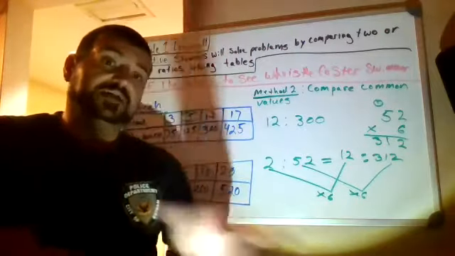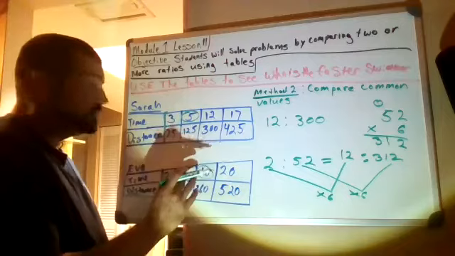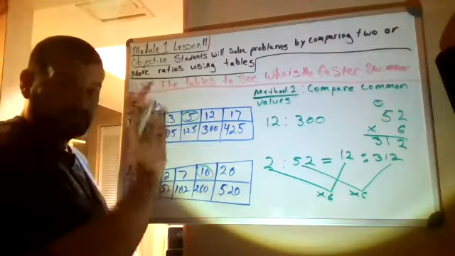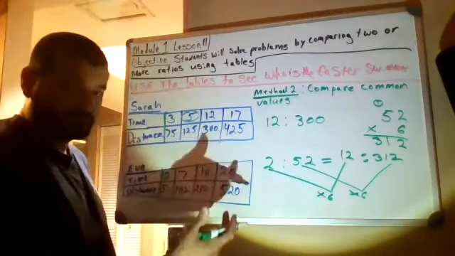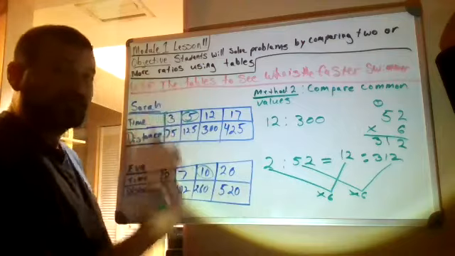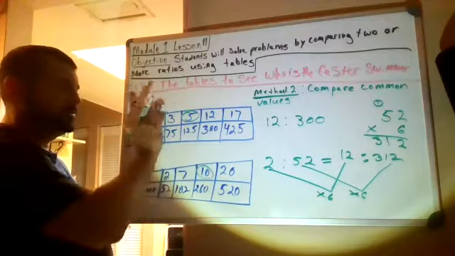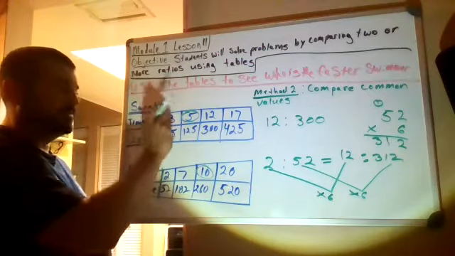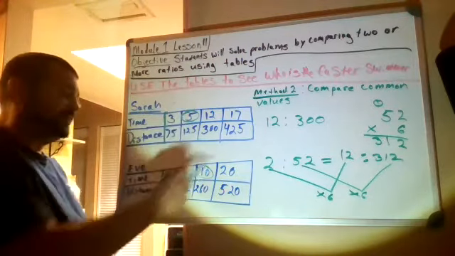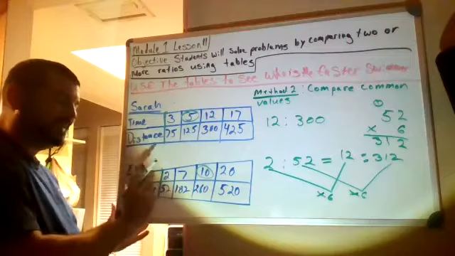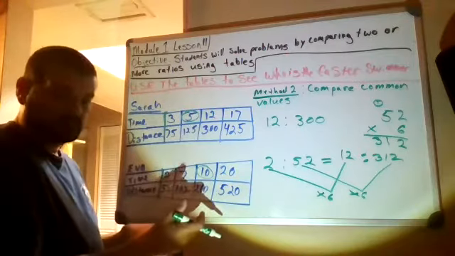Then we looked at two different items, or two different people, or two different events, and at the ratio of two items as well, like time, 3 to 75, 5 to 125. And then we compared it with somebody else who has the same items but different values.